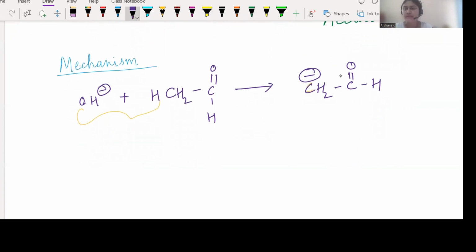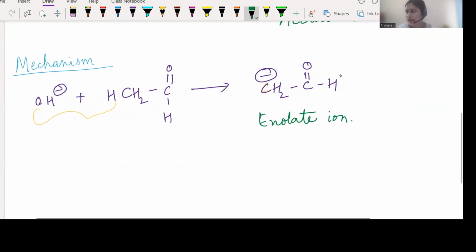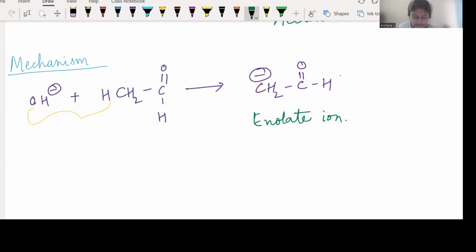So the first step is generation of resonance stabilized enolate ion. Why am I saying resonance stabilized? Because it can have two structures like this. So these two structures are possible for this enolate ion.